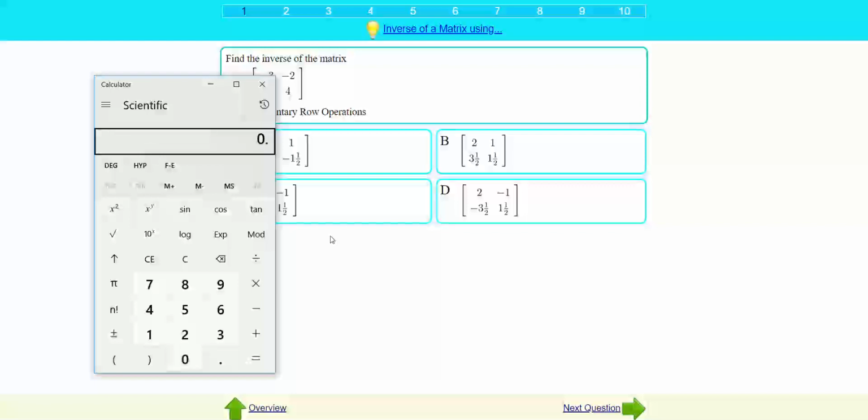So 0.57 subtracted from 0.66. Okay, it's a negative result there, so it's negative 0.09.